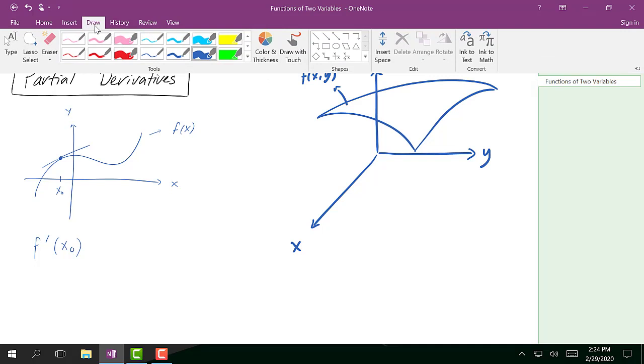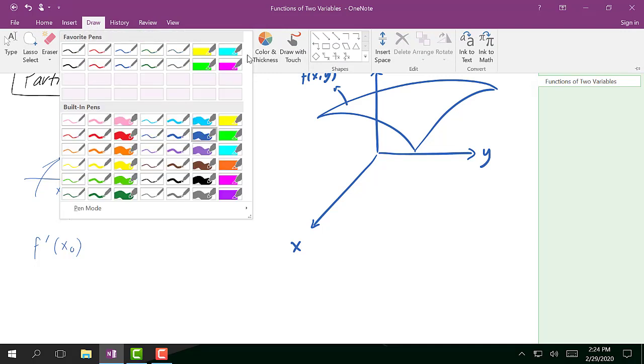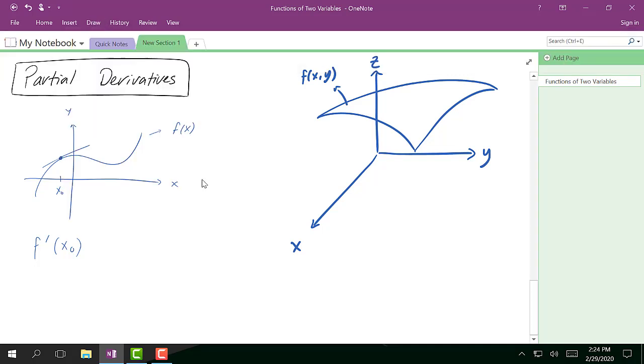When we have something like this, I can't just say, what's the derivative of this function? Because we have two variables, we have to specify which variable we're taking the derivative with respect to.